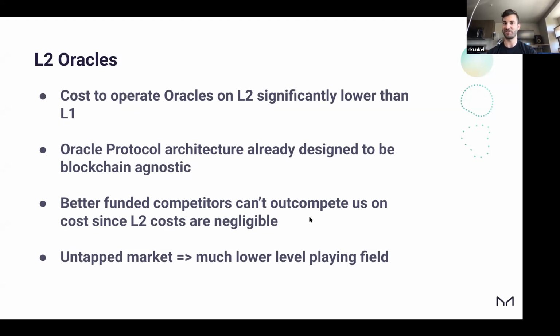It's much easier to sell a solution to someone who's looking for one than to someone who already has a solution and isn't really looking to replace it. Then you have this uphill battle of trying to convince them that what they have is not as good as what you're offering. When no one has a current solution, that's when it's a much more level playing field between us and the other Oracle protocols that are out there.